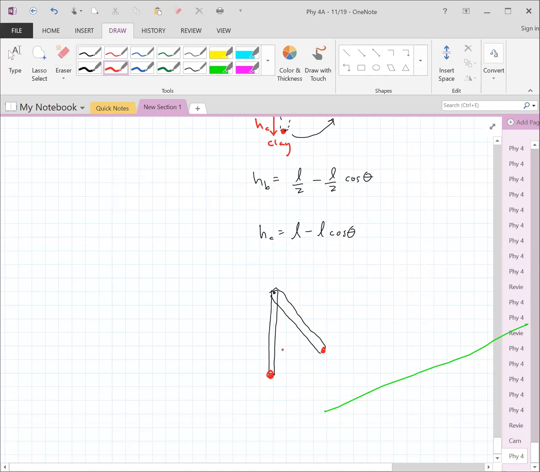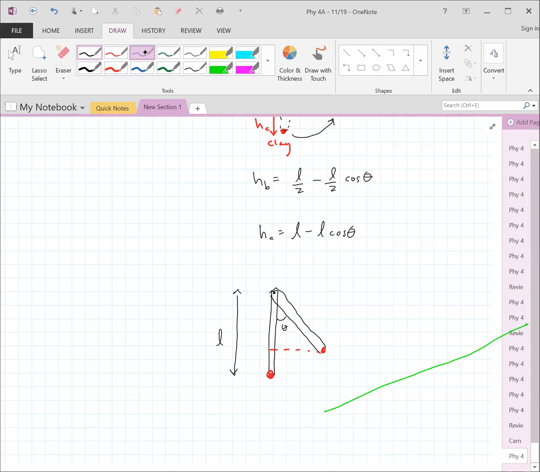And so this distance is L. This distance, I'll use blue, is L cos theta, because this is L over here, right?